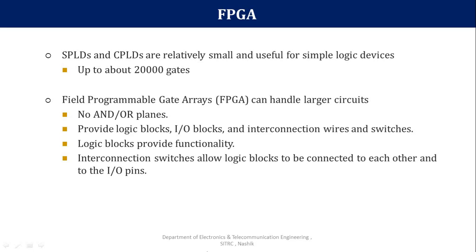But FPGAs do not consist of any AND plane or OR plane. They consist of logic blocks, especially configurable logic blocks, IO blocks, and interconnection wires and switches. They implement the functionality via logic blocks, and interconnection switches allow the logic blocks to be connected to each other as well as to IO pins.